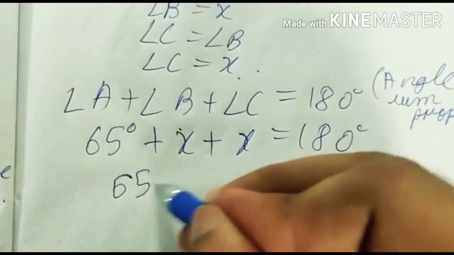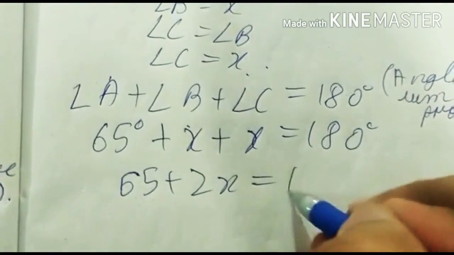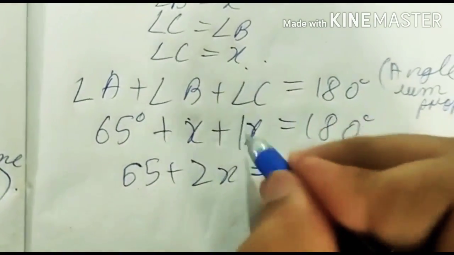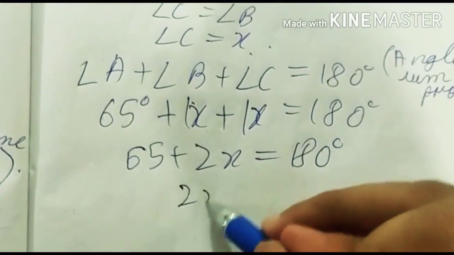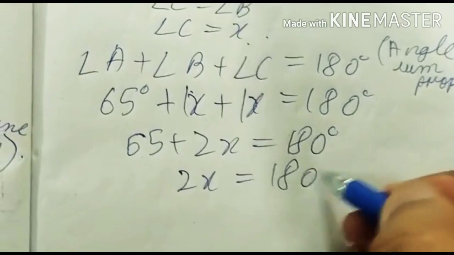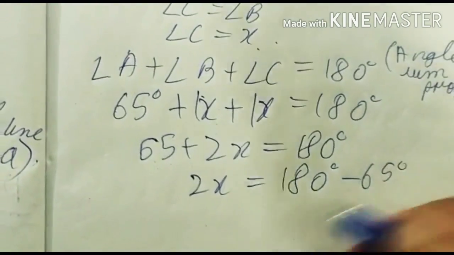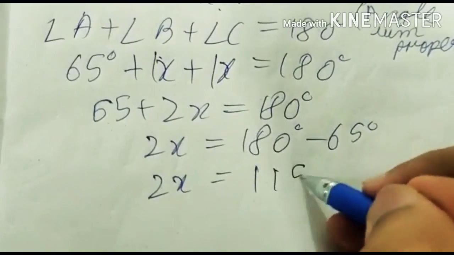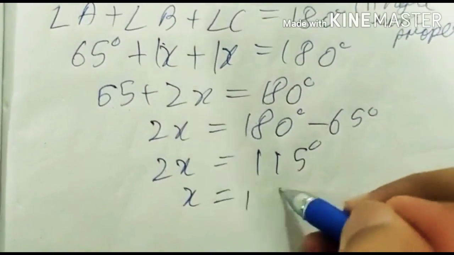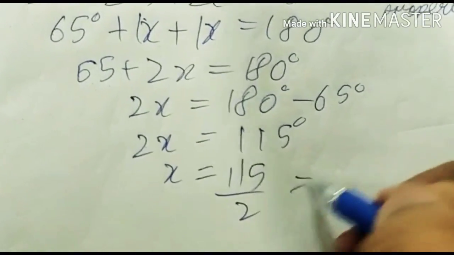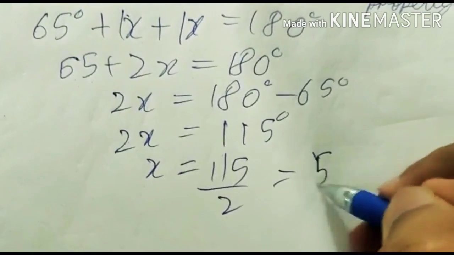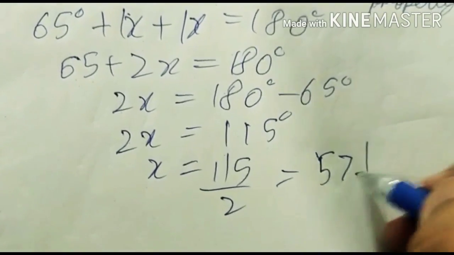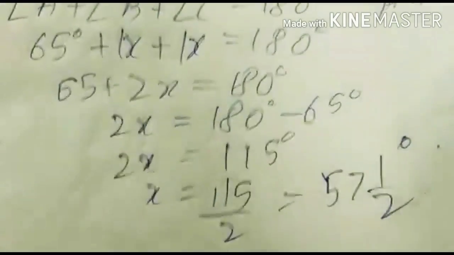So 65 plus 2x equals 180 degrees. x and x means 1x plus 1x, so 2x equals 180 degrees minus 65 degrees, so 2x equals 115 degrees. x equals 115 upon 2, that is 57 whole 1 upon 2 degrees.